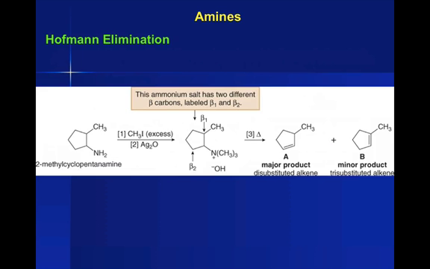And then when you add silver oxide, notice what happens. What's our counter ion? We've got a quaternary ammonium salt, but what's the counter ion now? OH minus. Is that what you would have expected just from the treatment of the primary amine with alkyl halide?